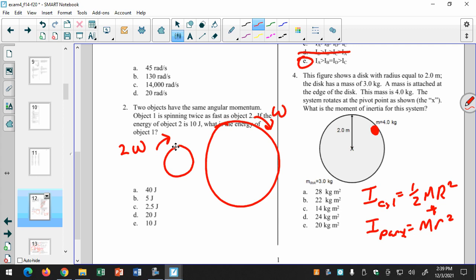So if the energy of object 2 is 10 joules, what is the energy of object 1? I also know that their angular momentums are the same. So I omega equals I omega. If this one has twice the speed, and it has the same angular momentum as this one, that means it has half the moment of inertia. Now the energy of object 2 is 10 joules, so what is the energy of this one?